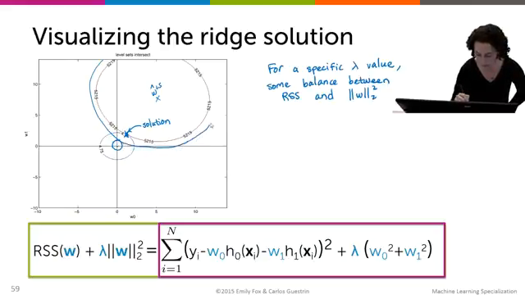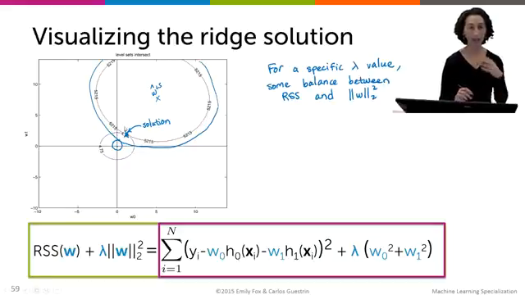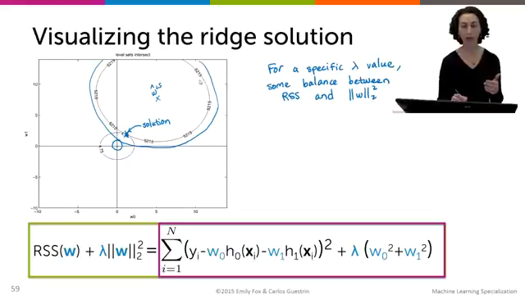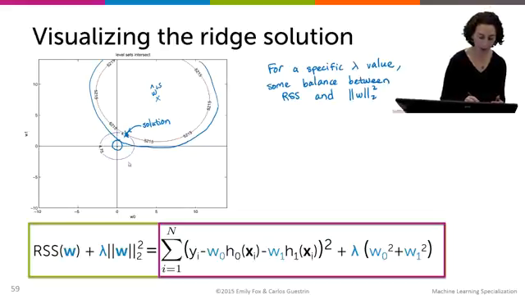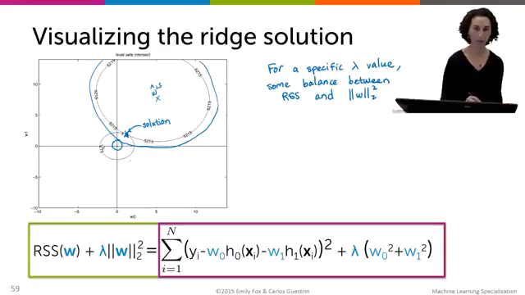And when I'm drawing all these contours, what I'm saying is, let me just go back to the original one before this drawing. Every other point along this circle has exactly the same residual sum of squares, but larger L2 norm of w. And everywhere along this circle has exactly the same L2 norm of w, but it has larger residual sum of squares.